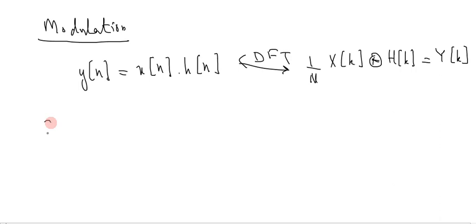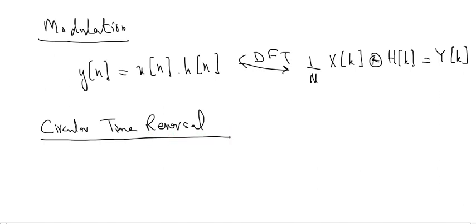Now the next property is circular time reversal. It states that if you have a signal and you do circular reversal in time for this signal, then its discrete Fourier transform will also be circularly reversed.